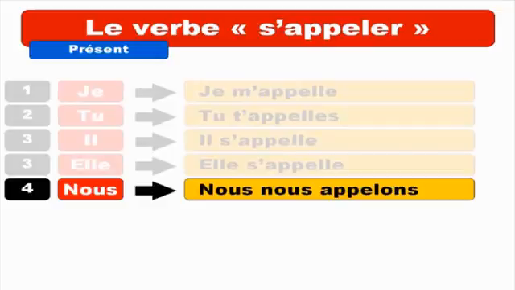Keep in mind and try to remember that for this form you've got only one L. If you compare it to je, tu, il, elle, you can see that for nous there is only one L. So let's pronounce it together and put in some liaison. Nous nous appelons. Repeat. Nous nous appelons. You can notice that the pronunciation of the verb is a bit different: appelons, because there is only one L there. Nous nous appelons. So repeat.